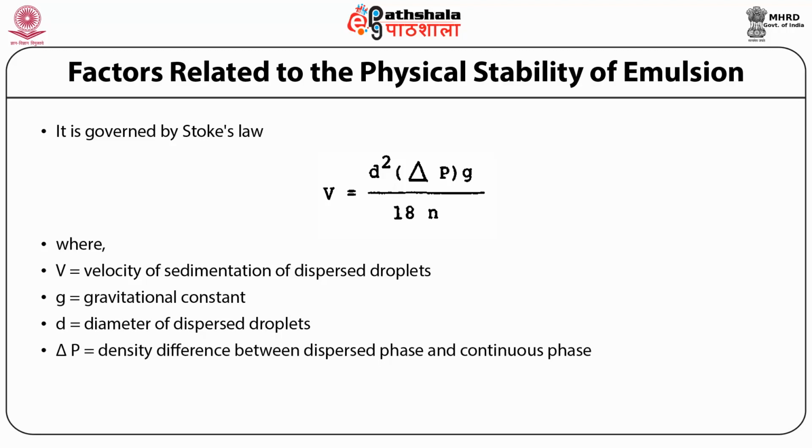Hence, emulsion stabilization can be achieved by two major techniques: increasing the viscosity of the external phase, and decreasing the particle size and obtaining a uniform particle size distribution of the dispersed phase.